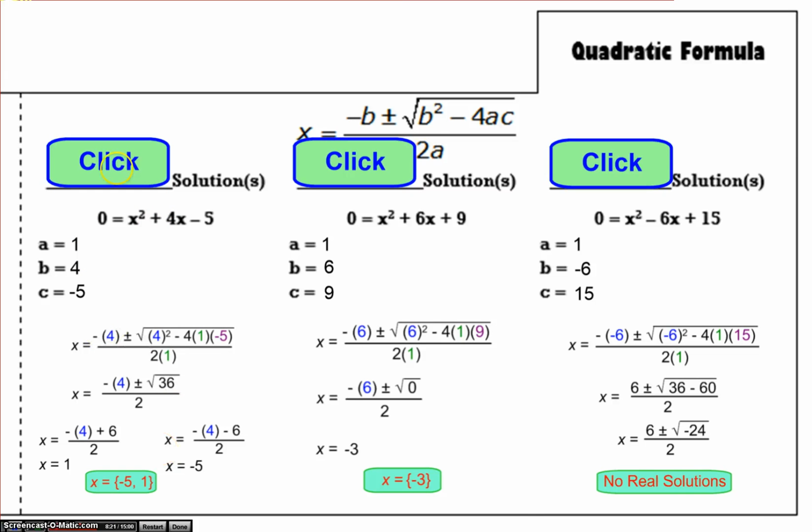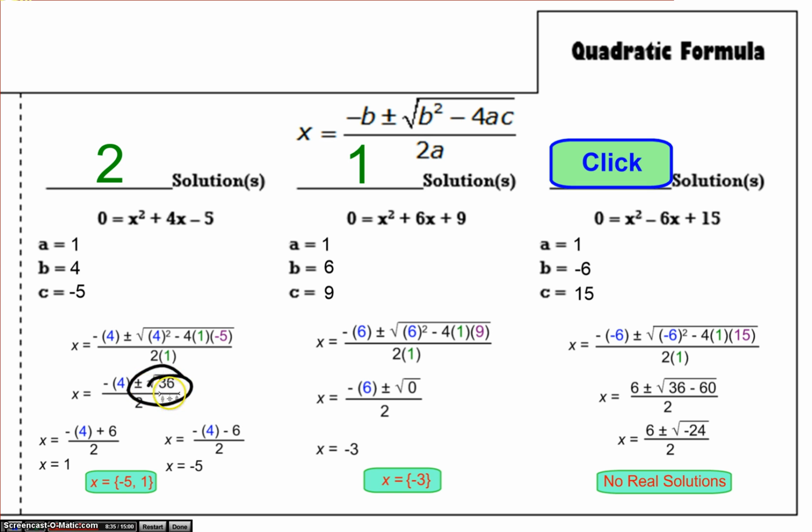How many solutions did our first one have? Two. What do you notice about what's underneath our square root? If it is a positive number under our square root, you should have 2 solutions. What do you notice about this number underneath the square root? If you have 0, you will only have 1 solution. And when you have a negative underneath the square root, you will have no solutions.